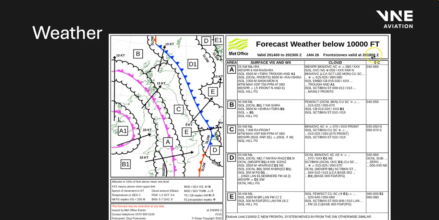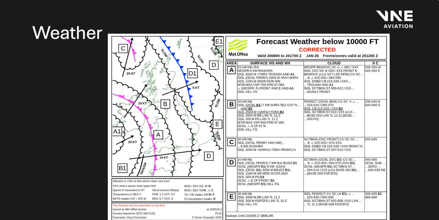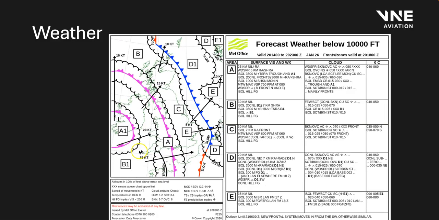So this is now at 1800, so 6 o'clock. So that's 6 hours later. And if we flick back between the two, can you see how that front has moved across? And you can see it's moving across at kind of 15, 20 knots.